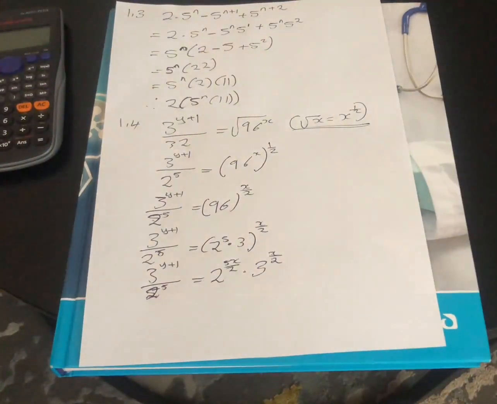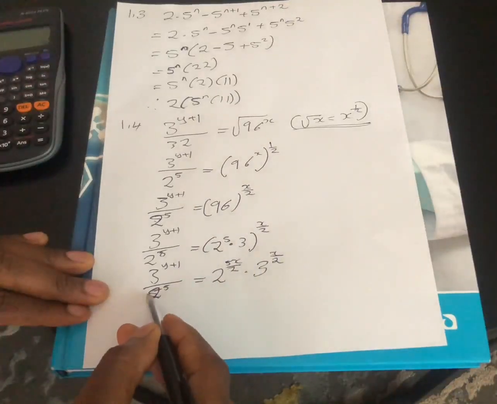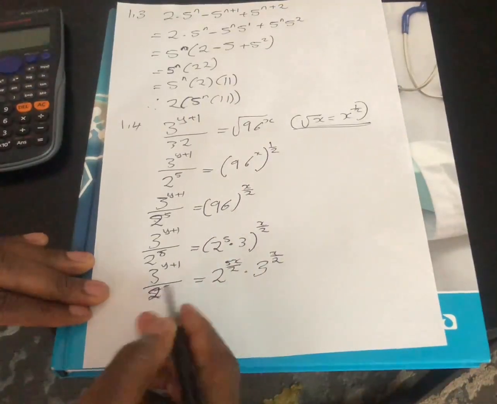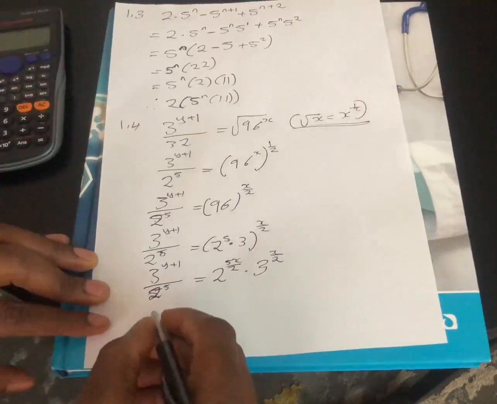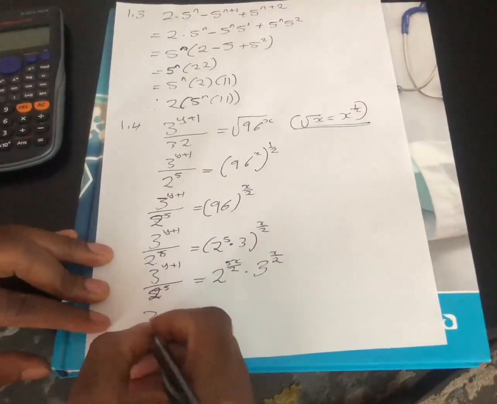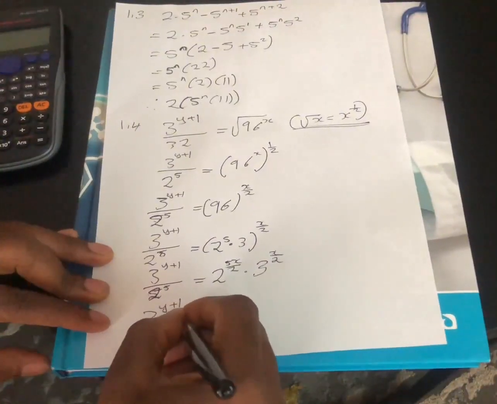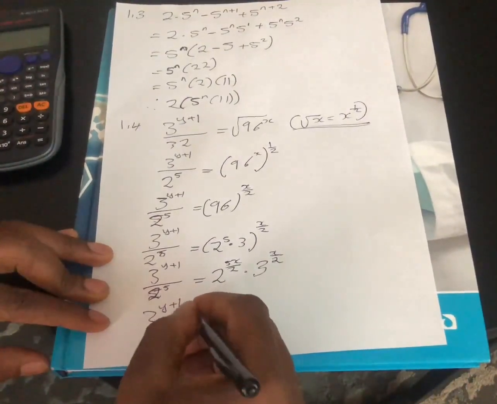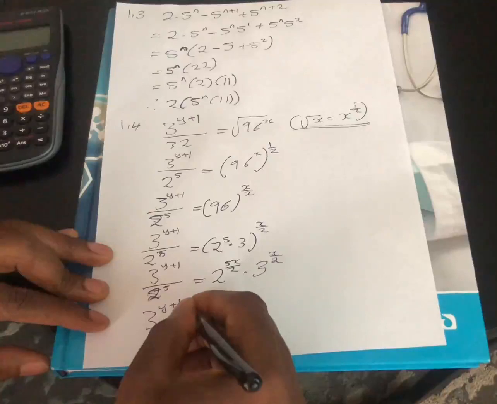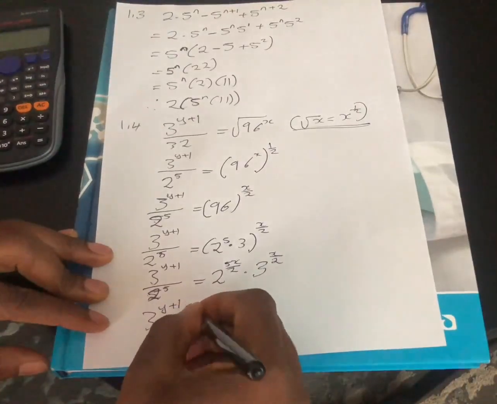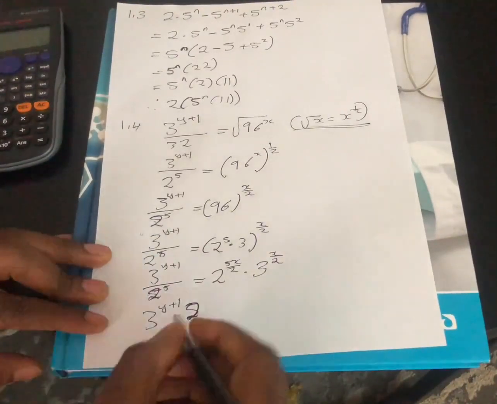Before we do that, we can change this fraction to become linear. We know that we are going to have 3 to the power y plus 1 multiplied by 2 to the power negative 5. I'm not sure why I'm making mistakes here, I'm always making mistakes from here.